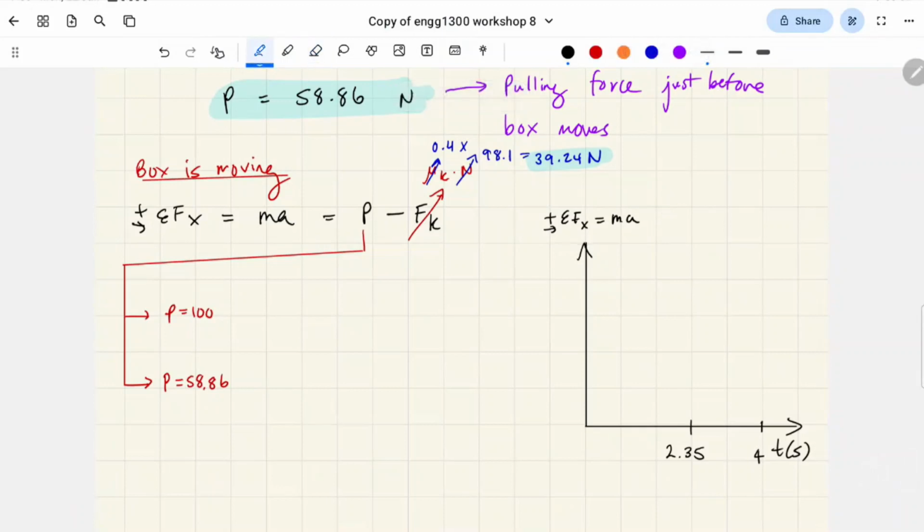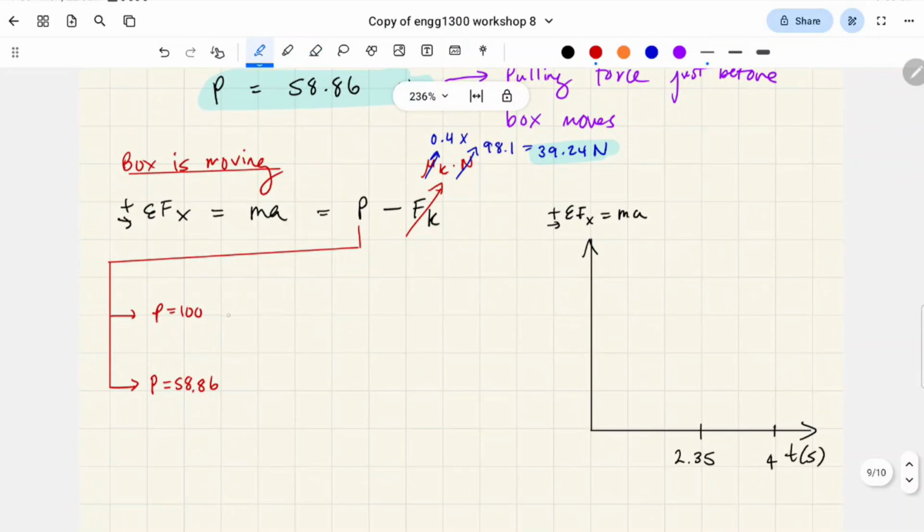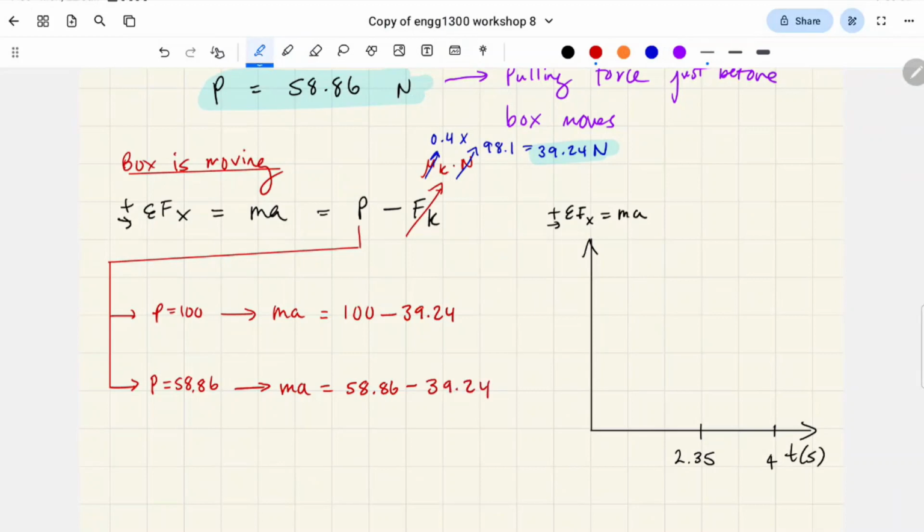Here's how it works. I plug it into this equation, and how this looks on a graph is like this.